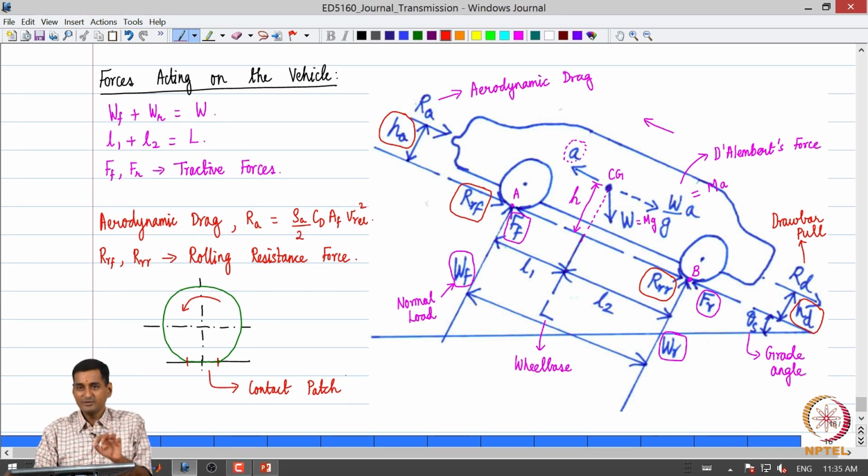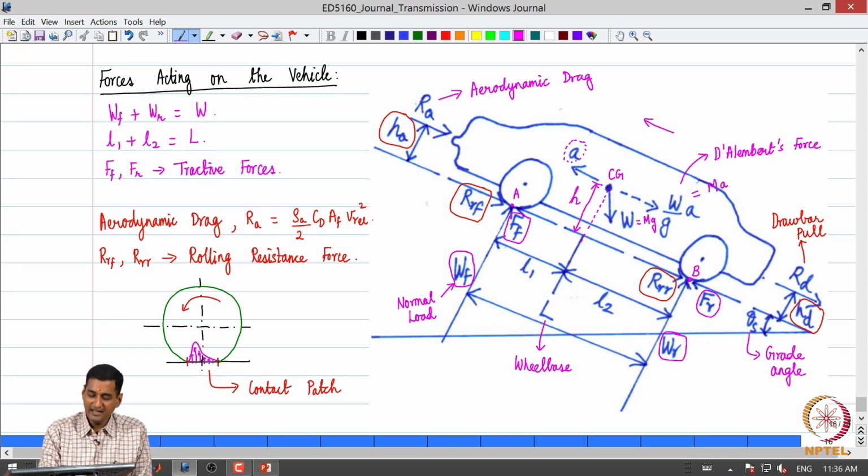So what happens is that due to this hysteresis loss, the normal stress distribution at this contact patch is asymmetric, okay, it is shifted in this manner.